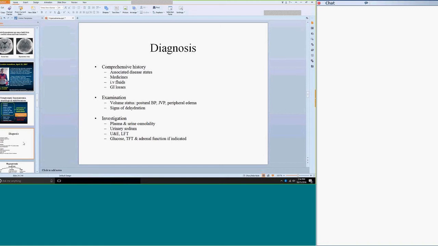Diagnosis is often a good history. So if someone has had lung disease, then you probably know what the reason for hyponatremia is, or if they have diarrhea, vomiting. There are many medications, the SSRIs, then diuretics, especially hydrochlorothiazide, all those drugs.